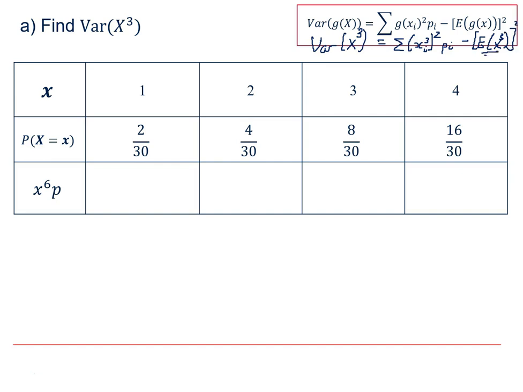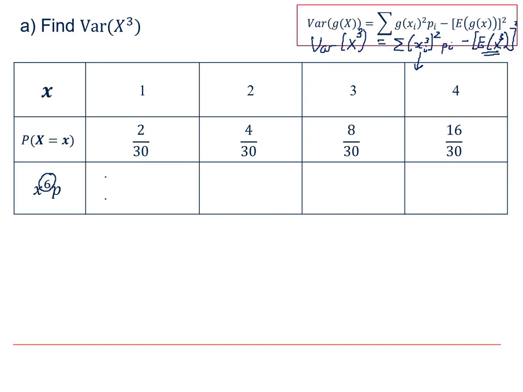And of course the expected value of x cubed we've already just found out, so this is the thing we're going to focus on finding, sigma xi cubed squared multiplied by pi, and hopefully you can see that x cubed squared will give us x to the power 6.